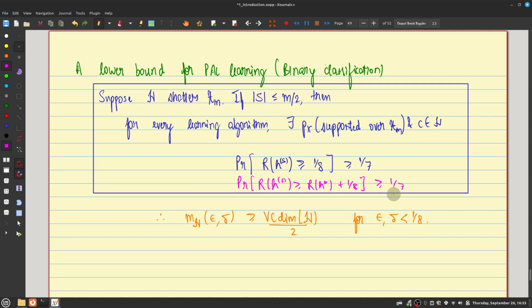This PXY could depend on the choice of the learning algorithm. So, for example, if you use ERM, then there exists at least one particular bad PXY. If you choose a different learning algorithm, maybe something like ERM plus a regularization term, then maybe the bad PXY could be different. Doesn't matter, but there will be a bad PXY.